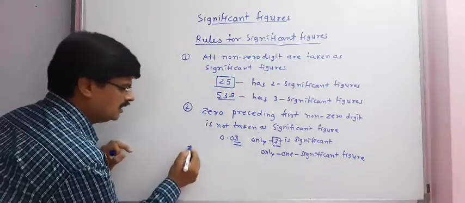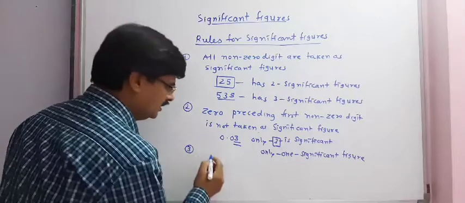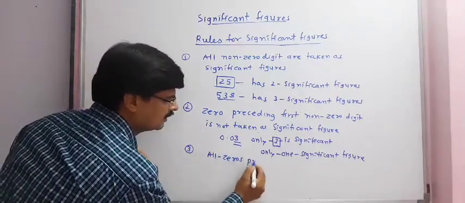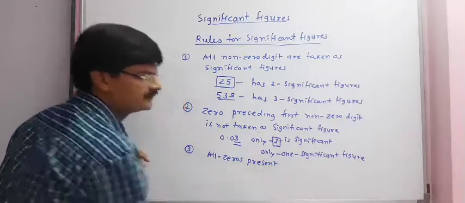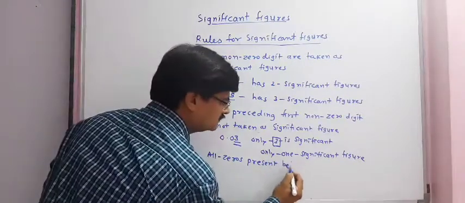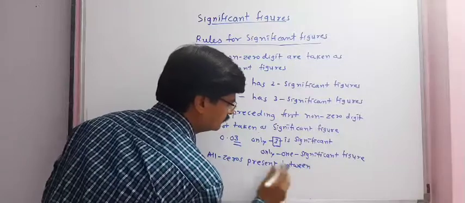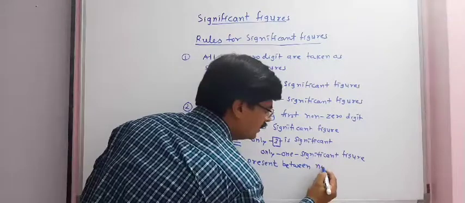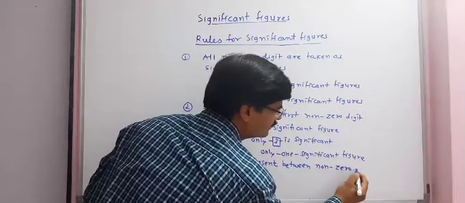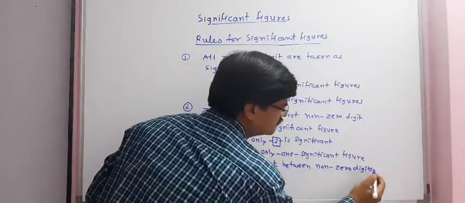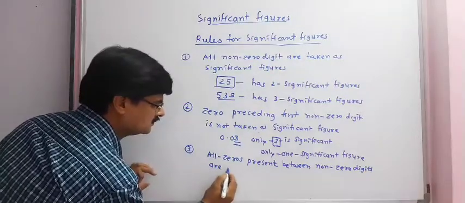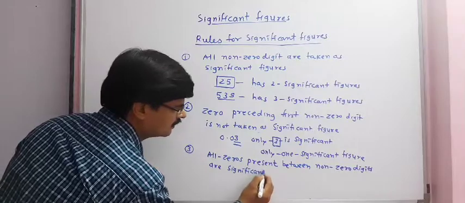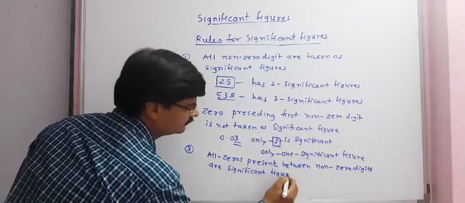But the third rule says that all zeros present between non-zero digits are significant figures.